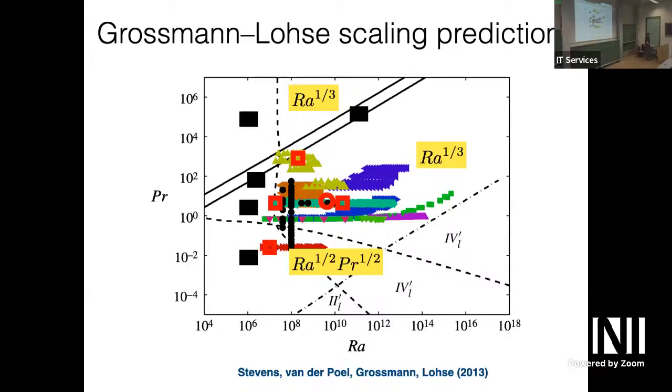So from a historical perspective of where Grossmann and Lohse thought they could create this diagram, those of us who are old enough know about the Orszag-Yakhot renormalization group solution for turbulence, which Greg Eyink did an incredible service to the community by deconstructing that entire edifice.